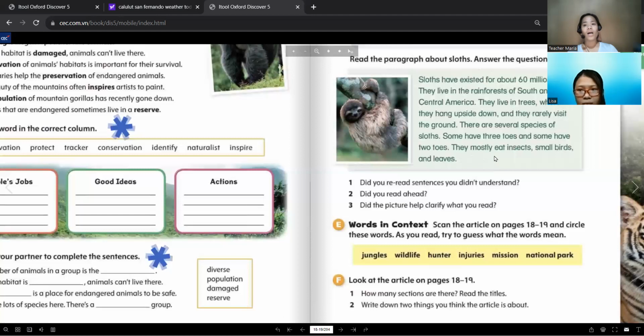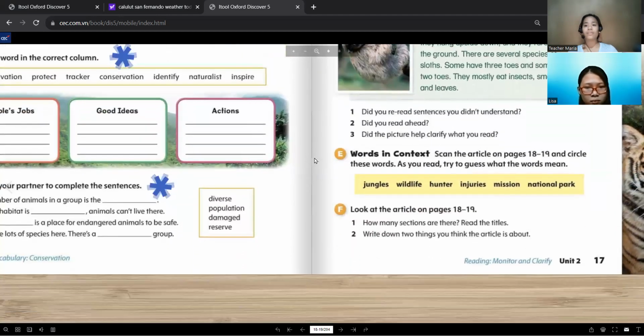Now, in what part of America do they live? They live in the rainforests of South and Central America. Okay, that's all.